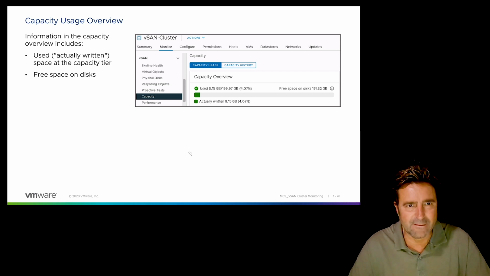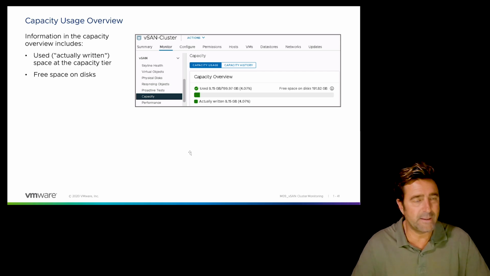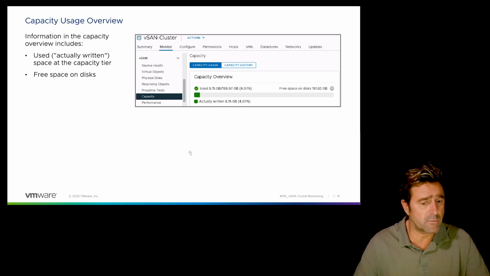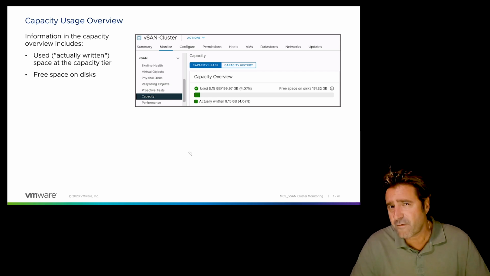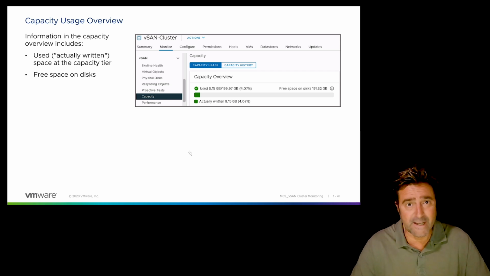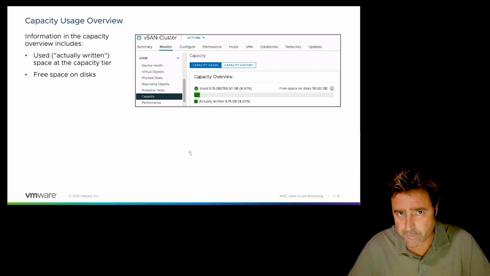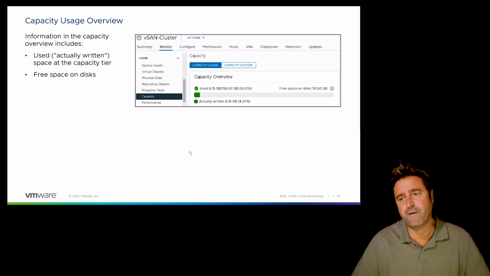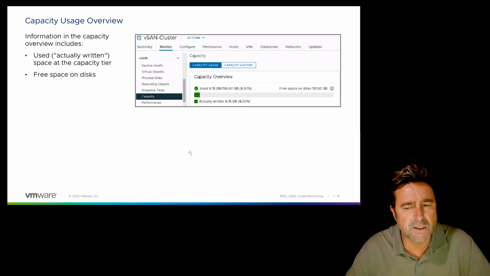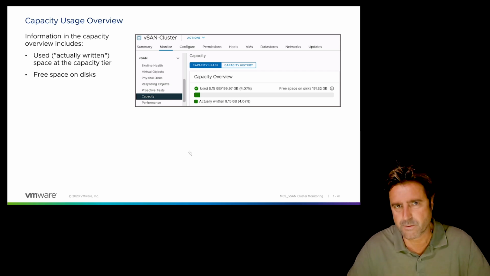But that, to a point, could be a bit confusing or misleading, considering that you could be using a variety of different policies, or for that matter, that most of your VMs, if not all of your VMs, are going to be thin provisioned because they are thin provisioned by default.